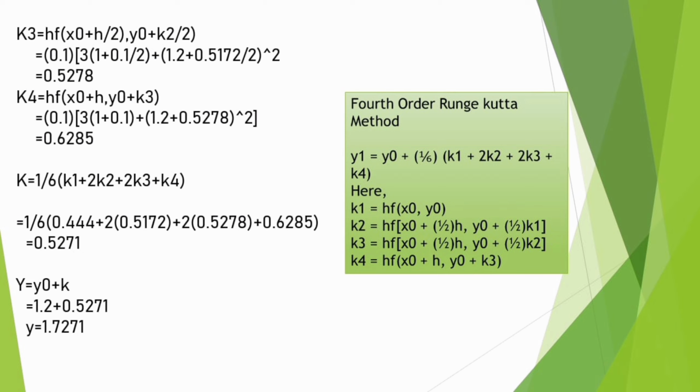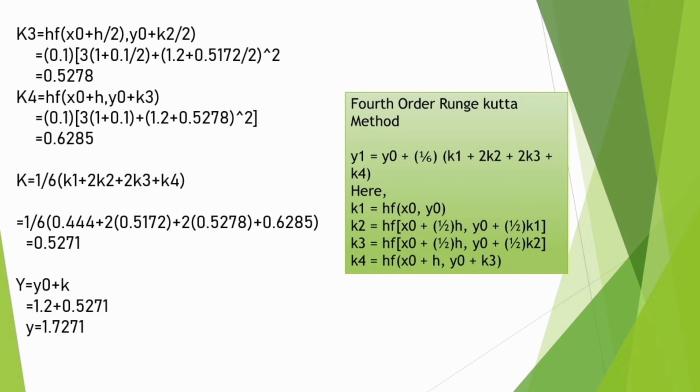Now we know that k3 is equal to h into f of (x0 plus h by 2, y0 plus k2 by 2). By substituting the values of h, x0, y0 and k2, we get the value of k3, which is equal to 0.5278. Similarly for k4 we have h into f of (x0 plus h, y0 plus k3). By putting the values of h, x0, y0 and k3, we get the value of k4, which is equal to 0.6285.